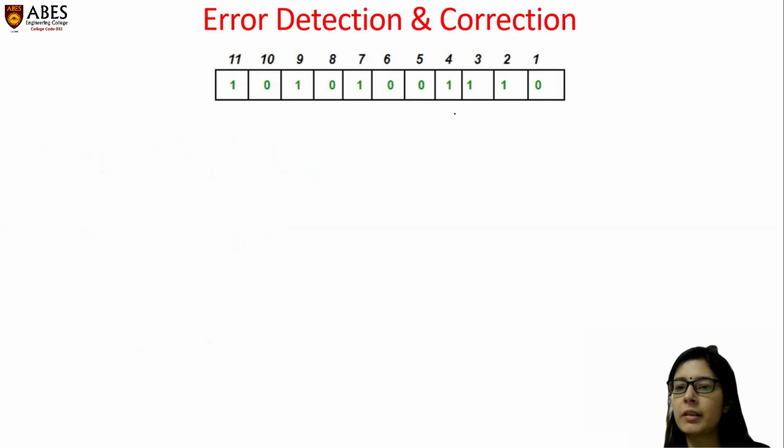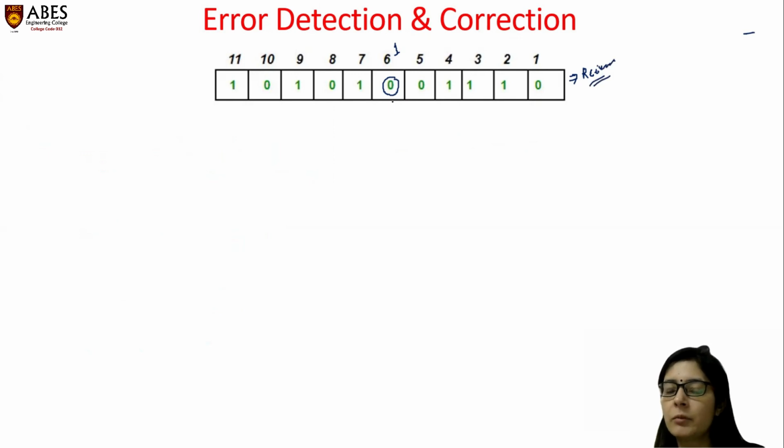So this is the code word that has been sent by the sender, and during the transmission, the sixth bit, which was originally calculated as 1, has been changed from 1 to 0. And we will see now how the receiver will be able to identify which bit has been corrupted during the transmission, and will be able to correct this error as well.